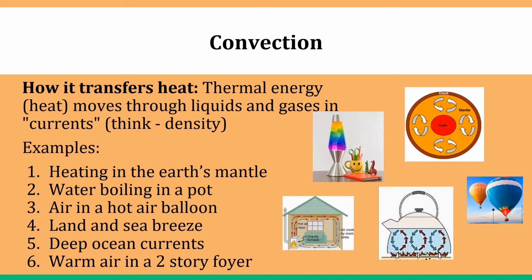And finally, warm air in a two-story foyer or in a two-story building. The heat on the bottom is going to slowly rise to the top. So your upper areas are going to be a little bit warmer than the colder areas. So sometimes your bedrooms that are upstairs are much easier to keep warm than maybe your den or your kitchen downstairs.